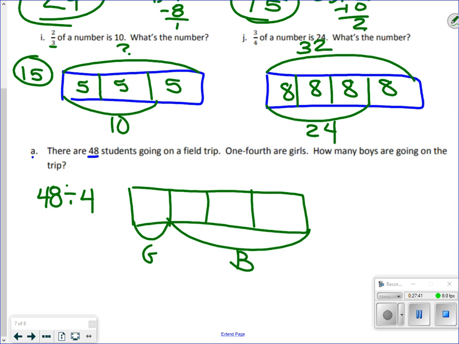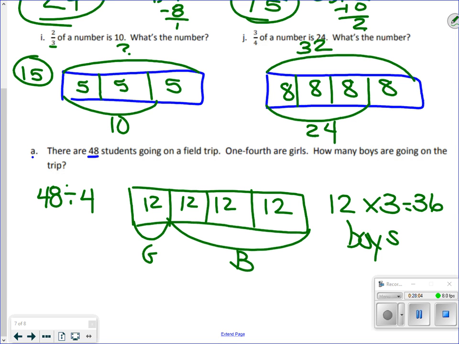What is 48 divided by 4? 12. So each unit is 12. How many are boys? 36. Thank you. So 12 times 3. 36 boys. Whoa.